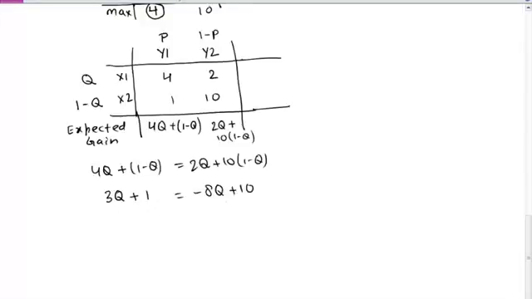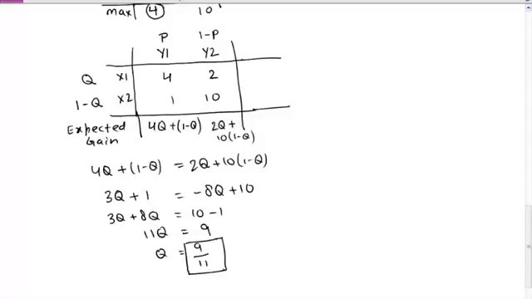If you bring negative 8q to this side, you end up with 3q plus 8q equals 10 minus 1. So in fact 11q equals 9. So q is equal to 9 over 11. If q is 9 over 11, obviously 1 minus q is 2 over 11.